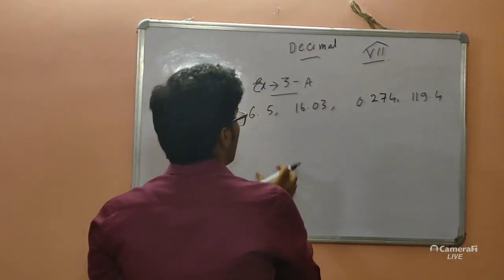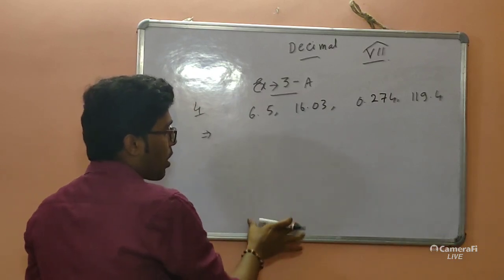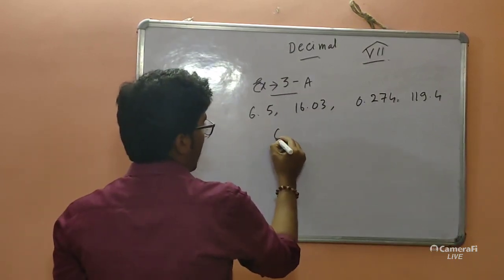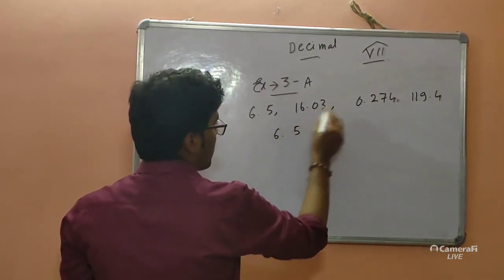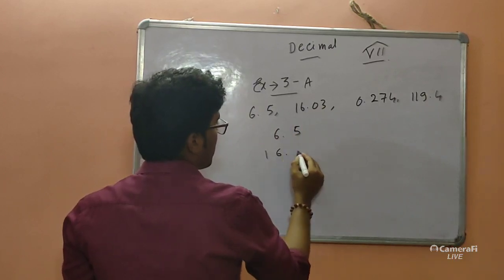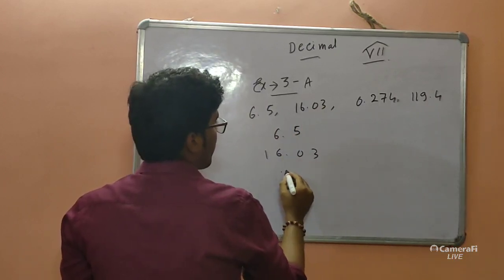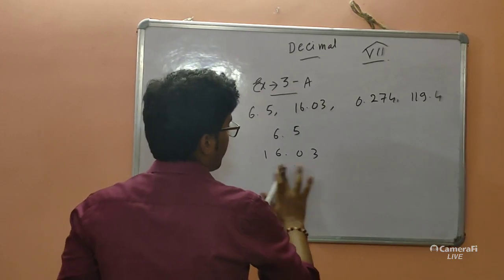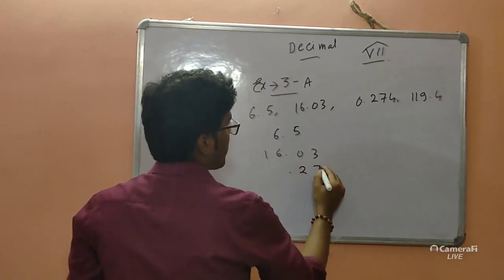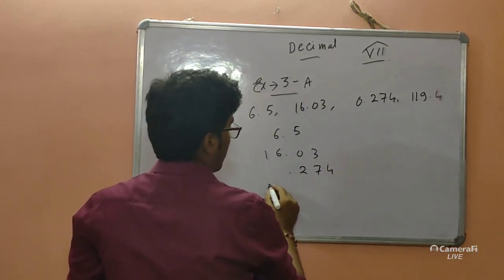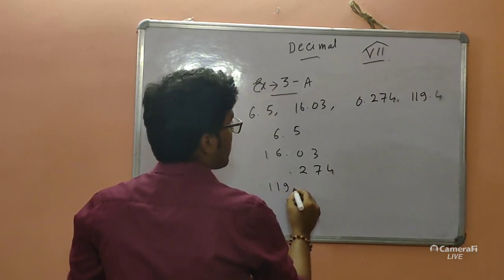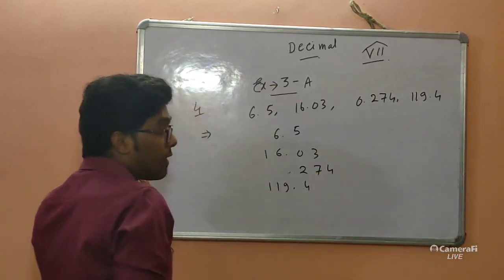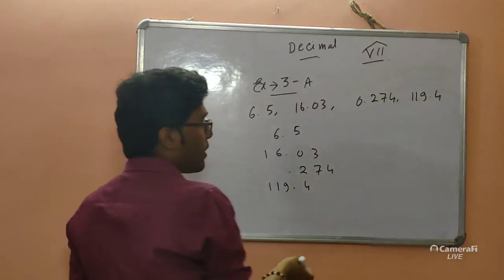The easy way is to do it by column. Okay. So at first write the given decimals. Clear? Now you check which is lacking. What is lacking?